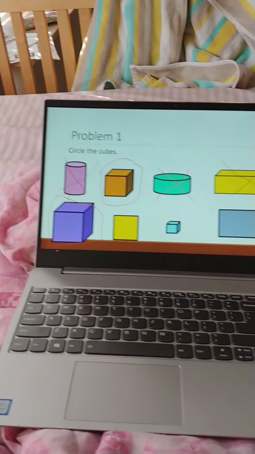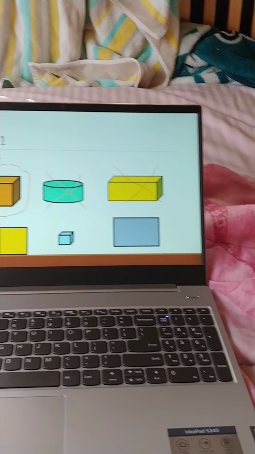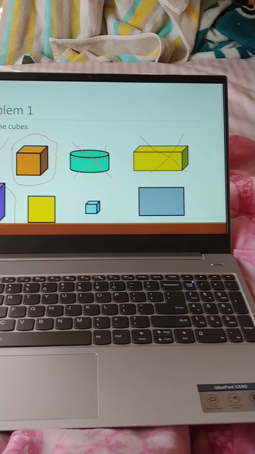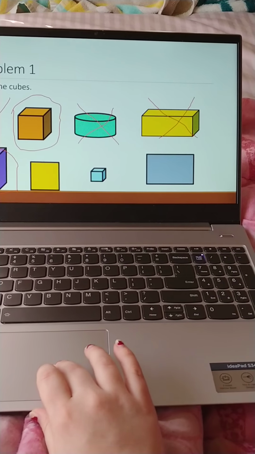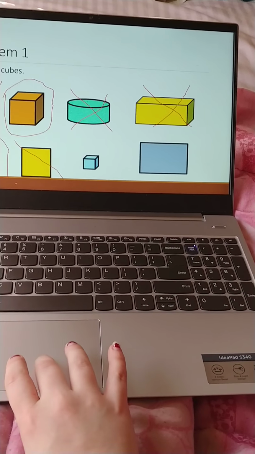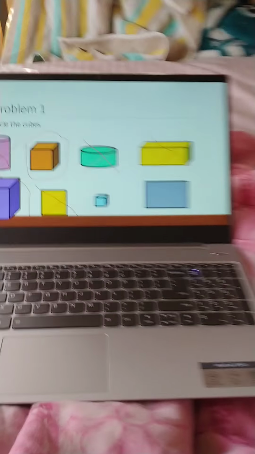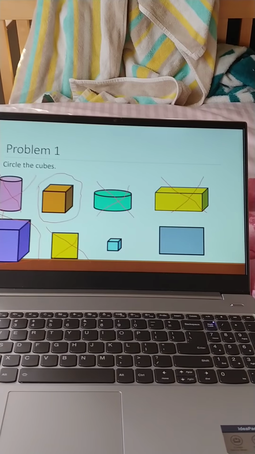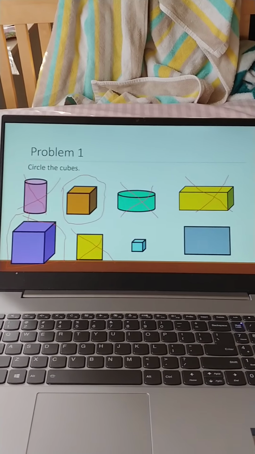And then the next one, it's not really popping out at us. It's kind of flat. And it is a square, but cubes have to pop out at us. They're 3-dimensional, and this is not 3-dimensional. So we're going to put an X on that. Our next figure is pretty small, but that doesn't matter because it is 3-dimensional. It's popping at us.